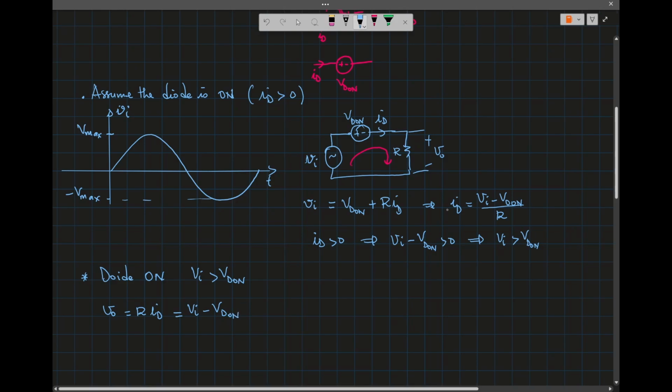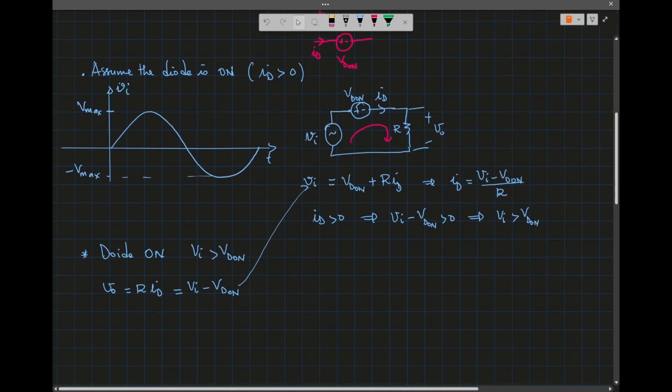So that comes from here, right? Okay, so for this case, I call it case number 1. The output voltage is equal to VI minus VD on, so that's the voltage across the diode, when VI is bigger than the threshold voltage.